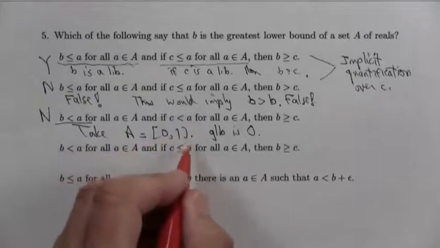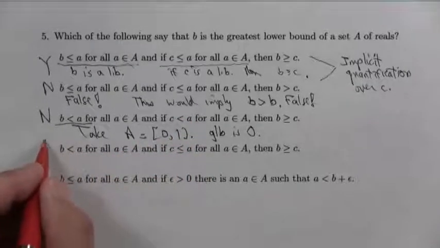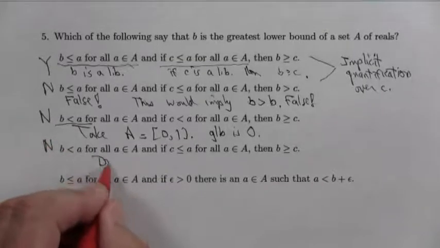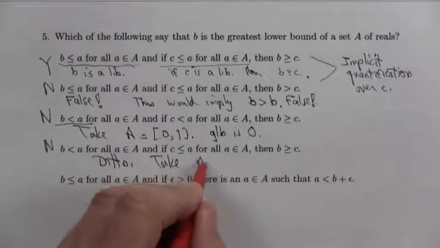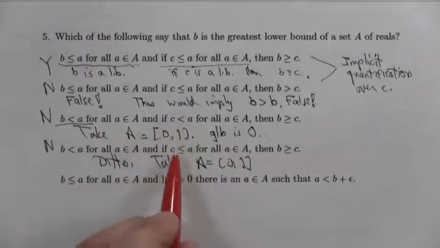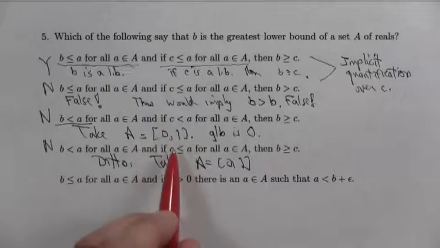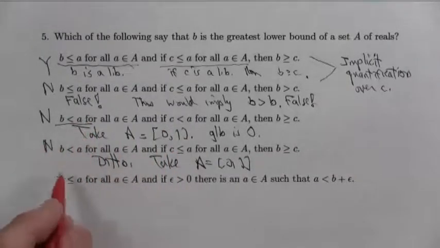Yeah, I mean, there's a difference here, but this one is not going to work. So, same reason, just take A equals 0, 1. And the fact there's something else going on here is irrelevant, because this already makes the thing not work.